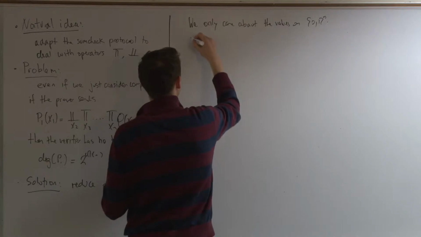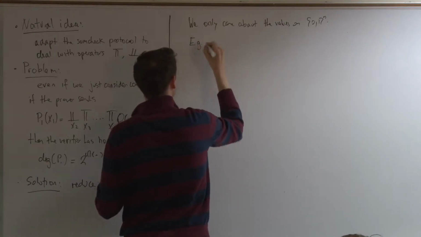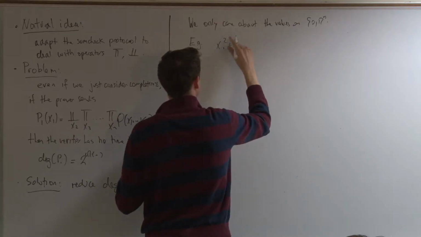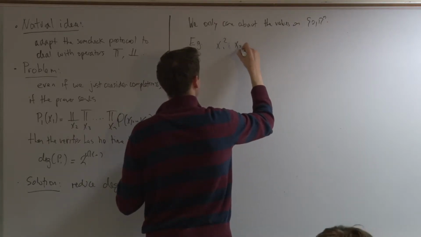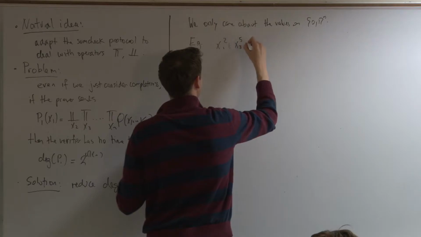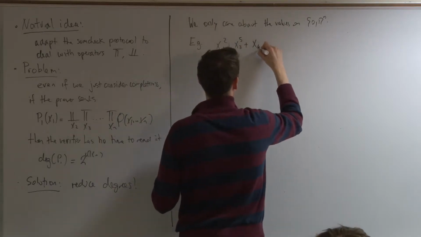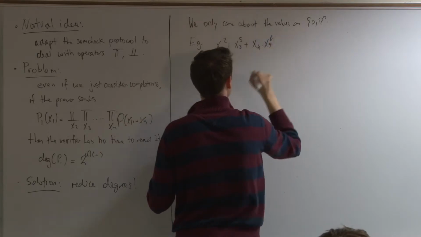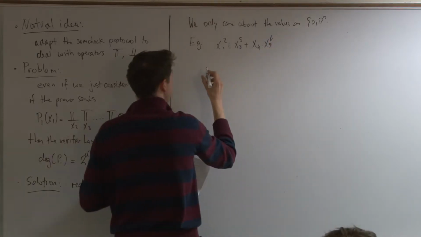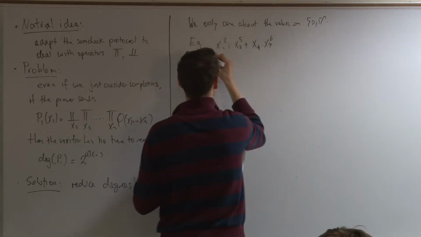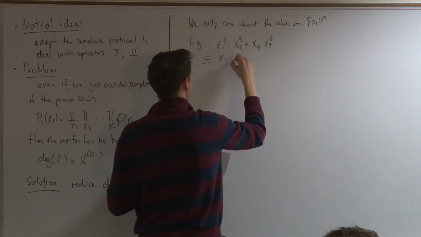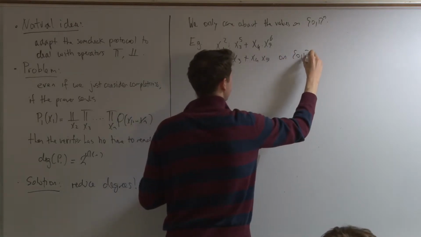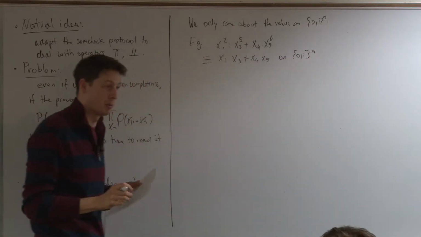So, for example, two polynomials such as x1 squared times x3 to the 5th plus x4 times x7 to the 6th are the same as x1 x3 plus x4 x7 on the Boolean hypercube.